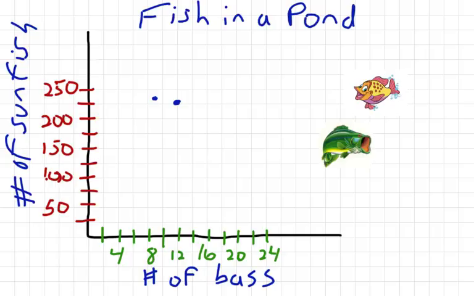So 18 and 165, about right there. Okay, my next spot, 20 bass is 141. So 20, and it's going to be just below that 150. About right there. You should be getting the hang of it now.